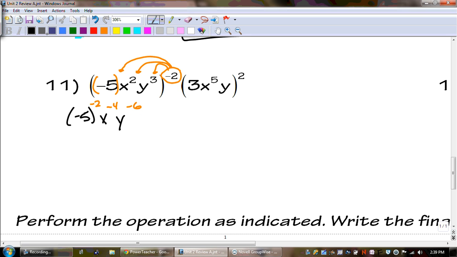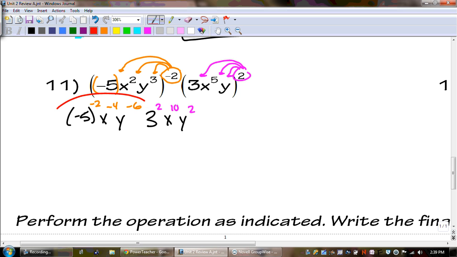Now our other set, we have a positive 2 that we're going to distribute. So that ends up being 3x and y, and with our new exponents, it's going to be 3 squared, x to the 10th, and y squared.